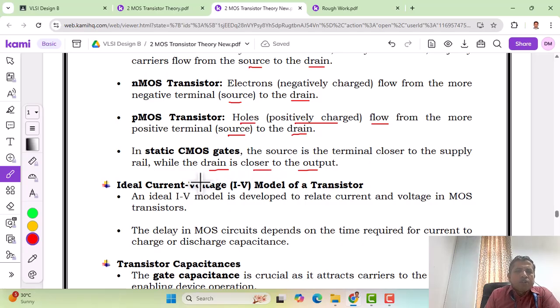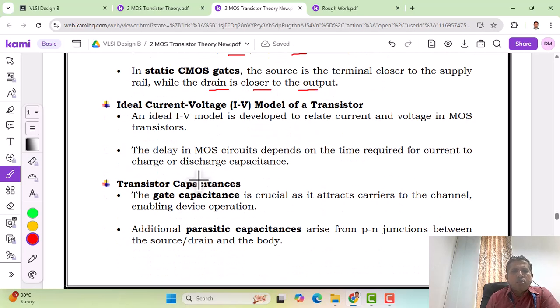Okay, so next one is the ideal current and voltage model of a transistor. Many times we need to develop a model of a transistor in order to use it in a variety of CAD tools. An ideal current voltage model is developed that relates the current and voltage in the MOS transistor.